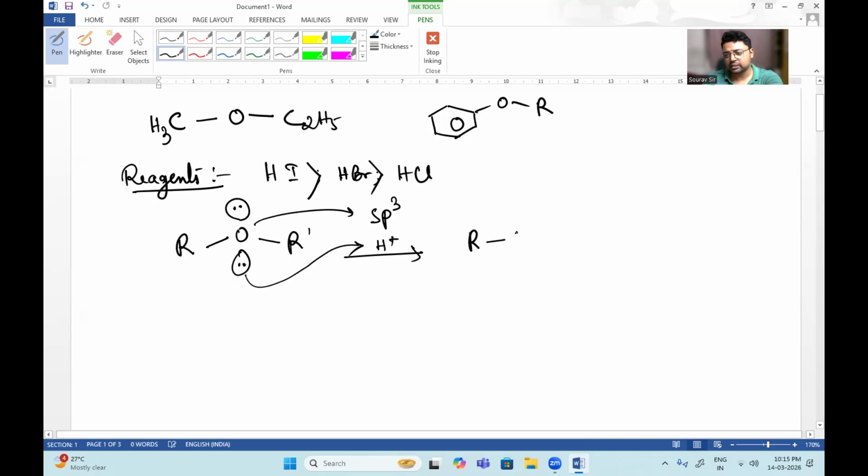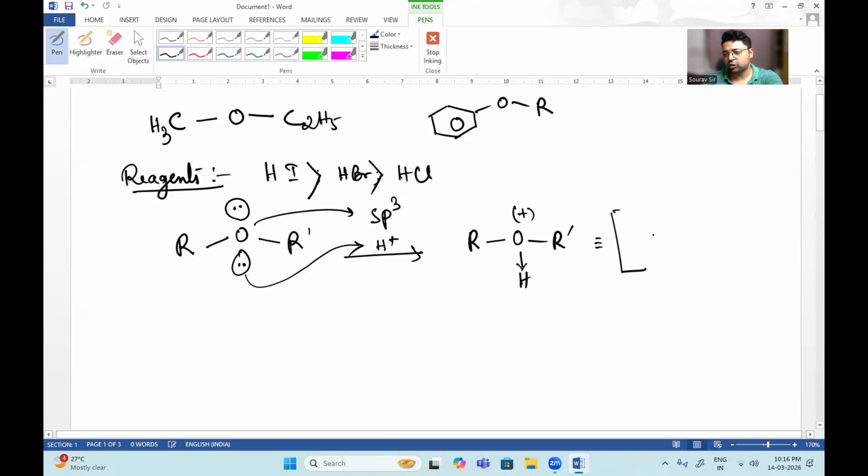You will see this formation, R-O-R dash with H plus, and this positive charge will move from this hydrogen to this oxygen. It will look like this, but it is actually a coordinate bond.